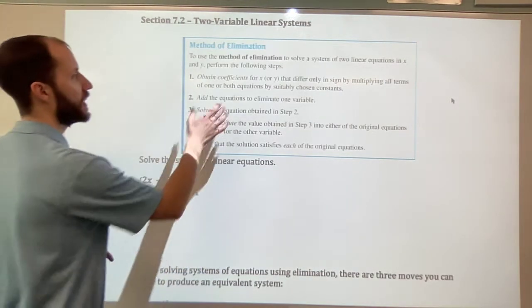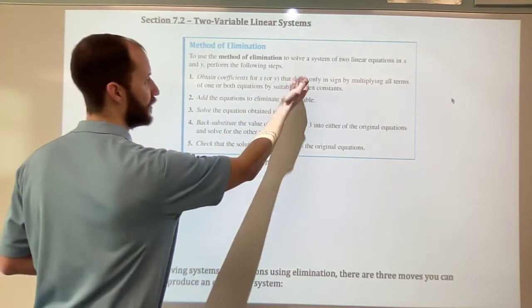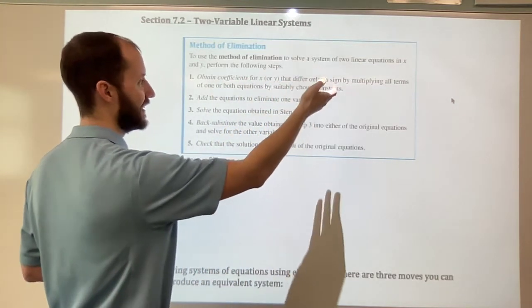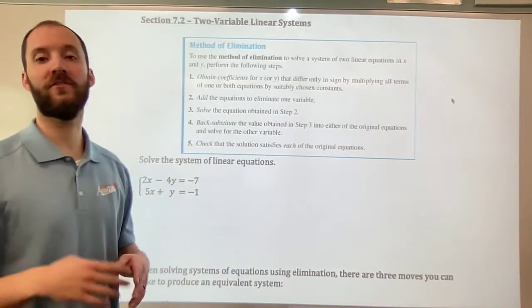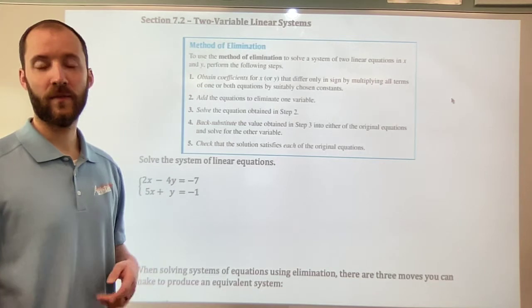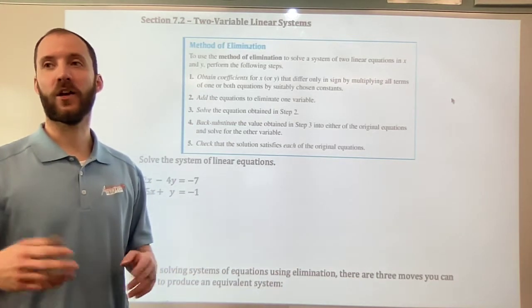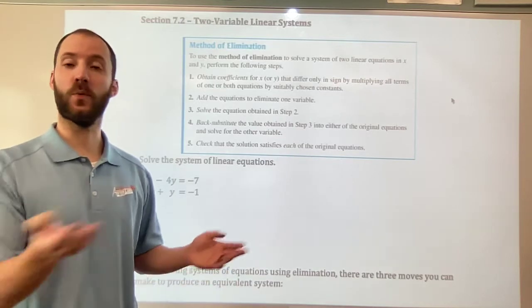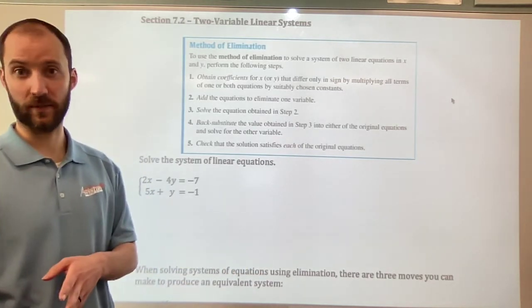So you want to get coefficients for x or y that differ only in sign in all the equations. So you want opposite coefficients, okay? So if x, for example, has a coefficient of 2 in one equation, you want a negative 2 in the other equation.